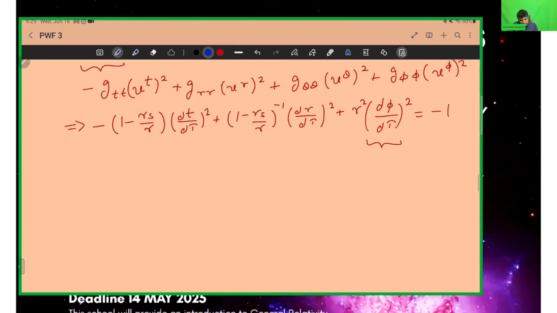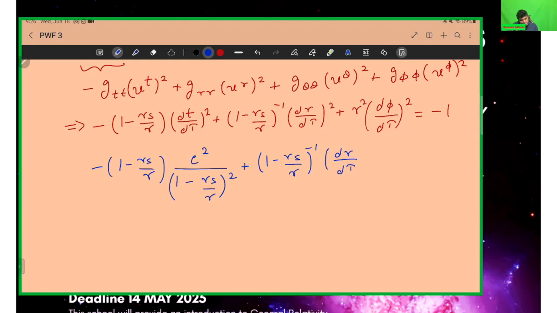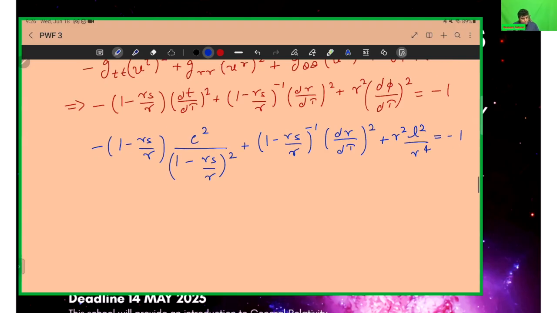You get minus (1 minus rs over r) times E squared over (1 minus rs over r) squared, plus (dr over d tau) squared over (1 minus rs over r), plus r squared L squared over r to the fourth, equal to -1. And that gives you this equation if you simplify it.